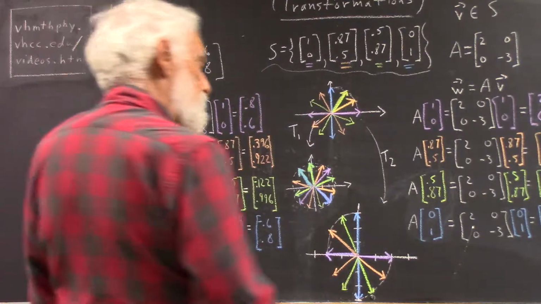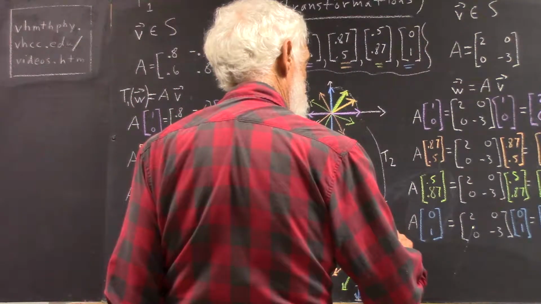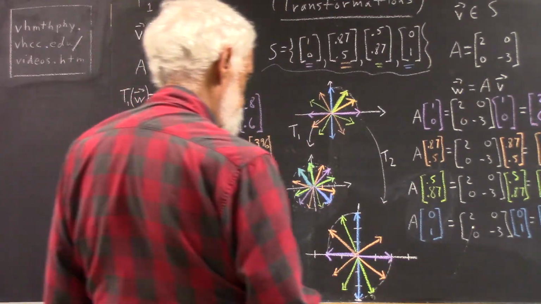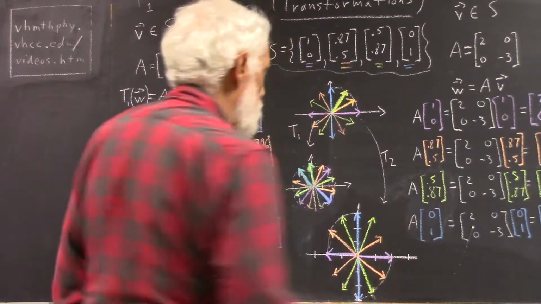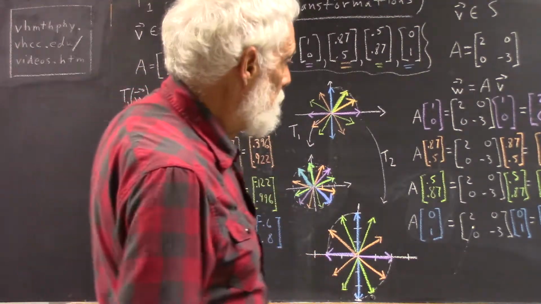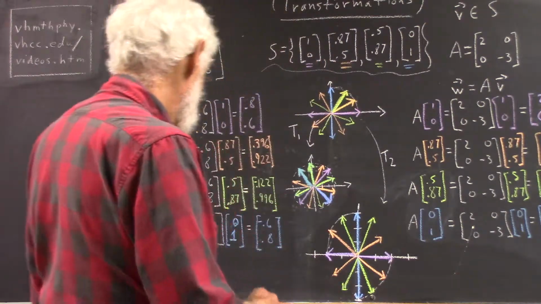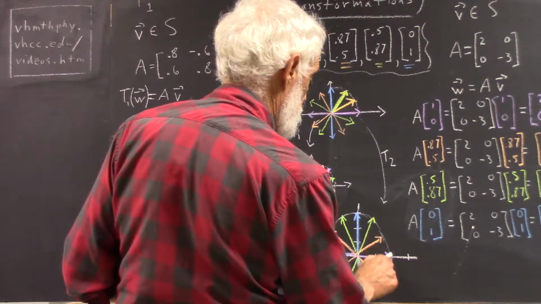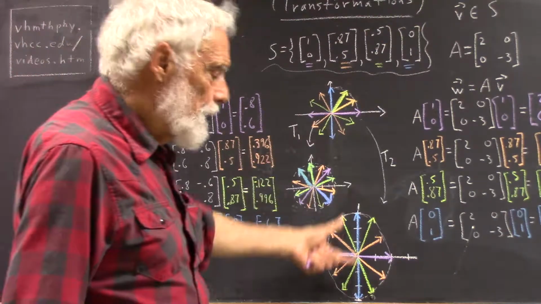Then, without further comment, it's not hard to see that we're going to get these vectors, which are equal and opposite to these vectors if we change the second coordinate and don't change the first. Again, you might want to think through that a little bit and see why it should be obvious that that would be the case. Well, if we complete the picture, we get an ellipse.